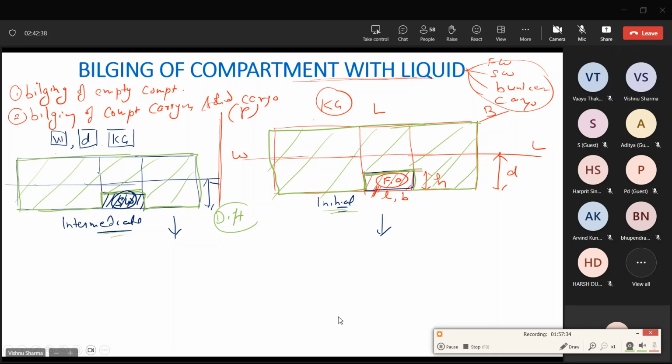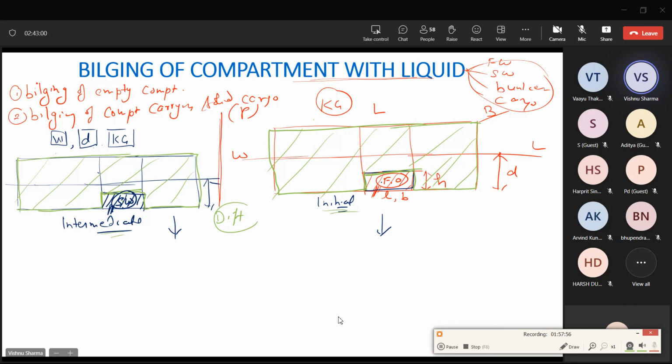Yes or no? Correct, guys? If the DB is bilged, this space will be occupied by seawater, correct? Guys, do you agree with me? Yes, sir.